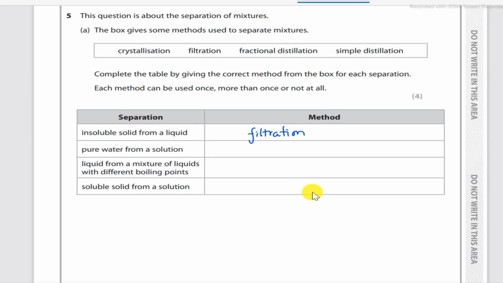Pure water from a solution. Simple distillation, or fractional distillation. Liquid from a mixture of liquids with different boiling point. It is fractional distillation.